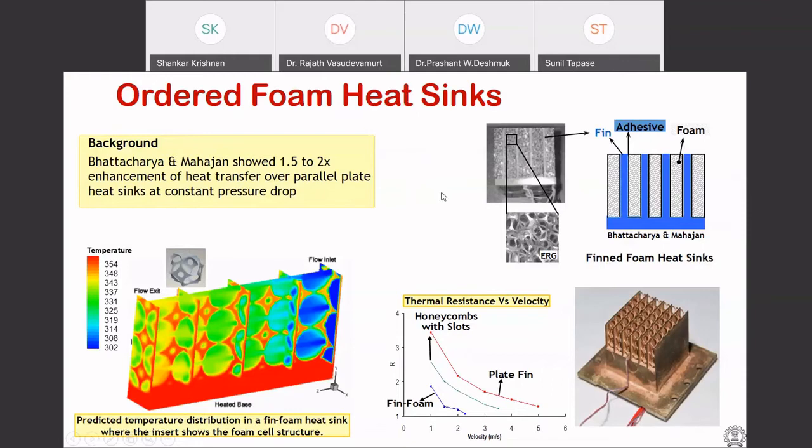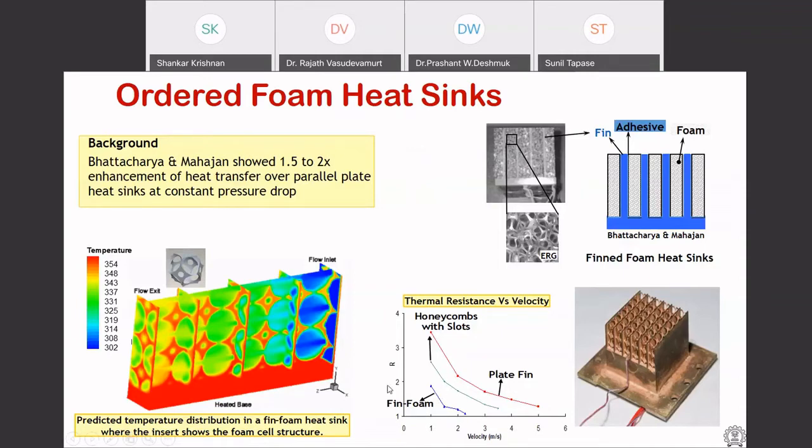sacrificed. So what we did in some of my past work is to make, instead of a stochastic foam where the pores are very random, what are called periodic foams. An example of that unit cell is shown here. And we found, as a function of thermal resistance versus velocity, you see here some experimental data, that you achieve extremely high heat transfer rates.